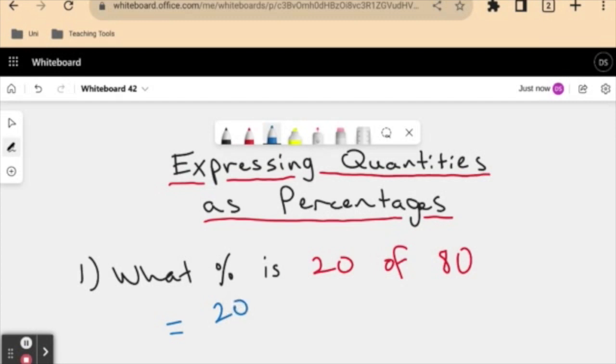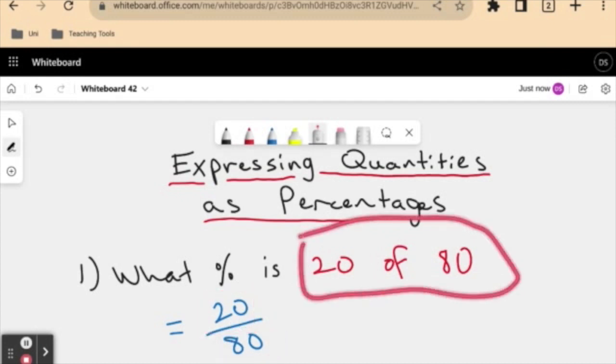So 20 as a fraction of 80. We have 20 as a fraction of this bigger number, and that is the order we're given in the question.